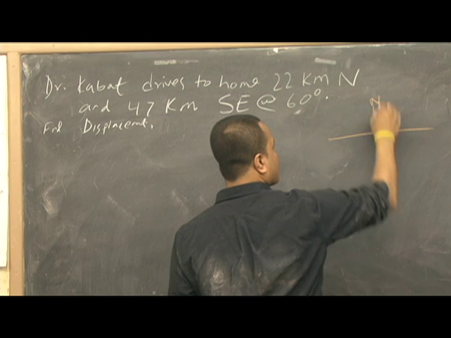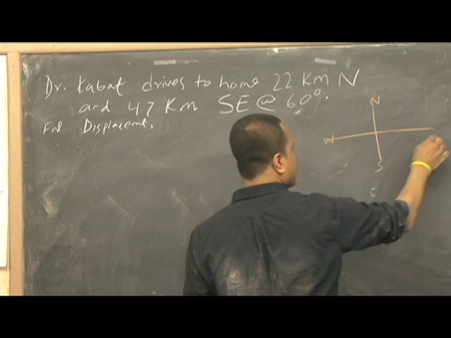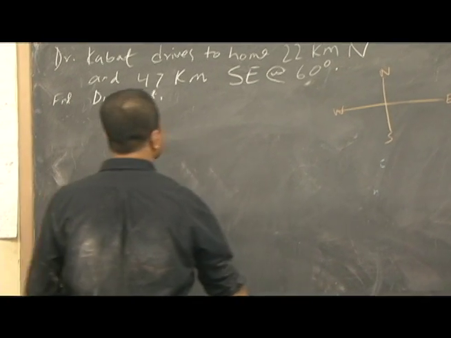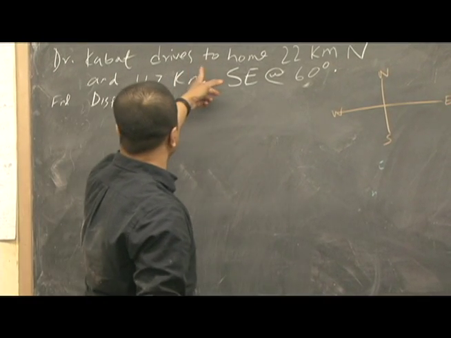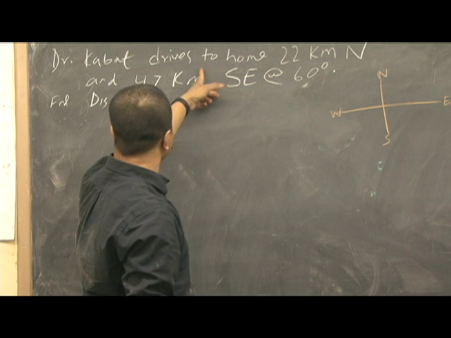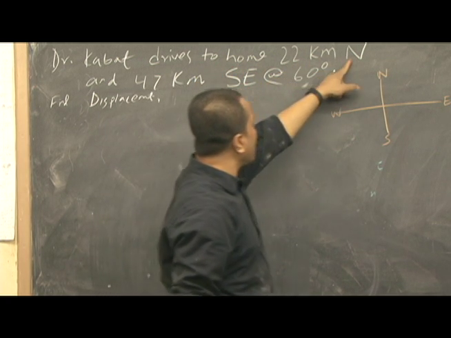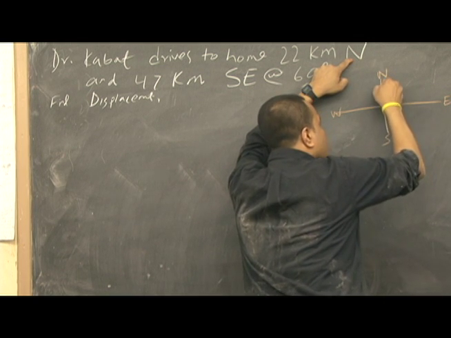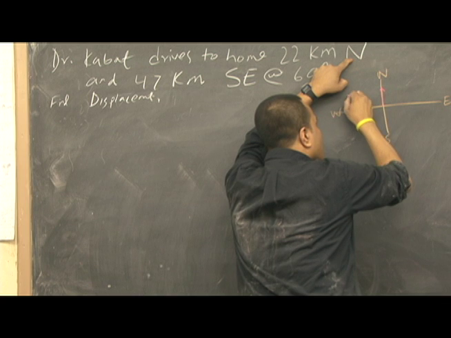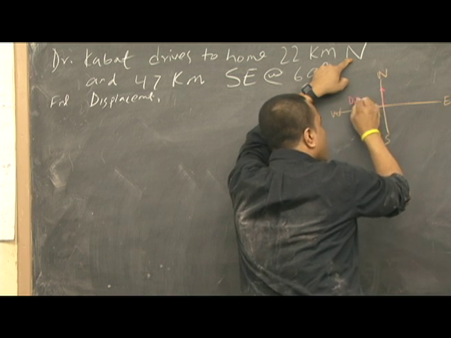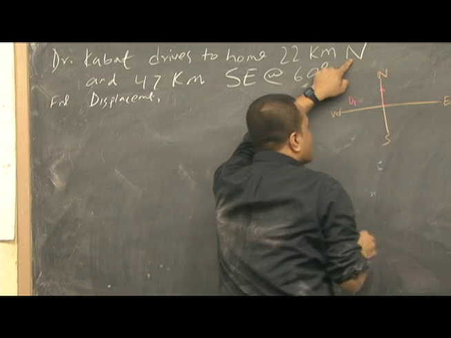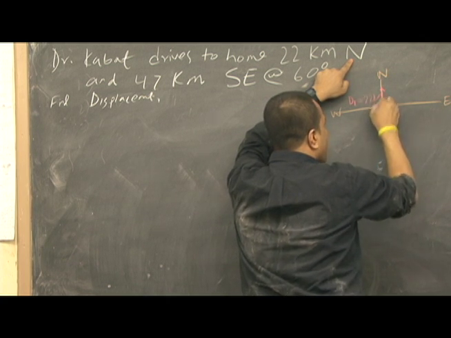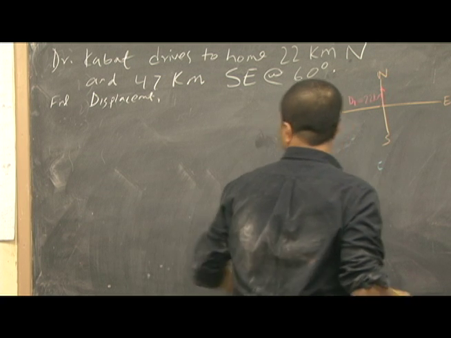This is north, this is south, this is west, and this is east. It says that Dr. Kavat is driving 22 kilometer north. So say D1. D1 is a vector quantity. Now you're going to get the idea what a vector quantity is. 22 kilometer.